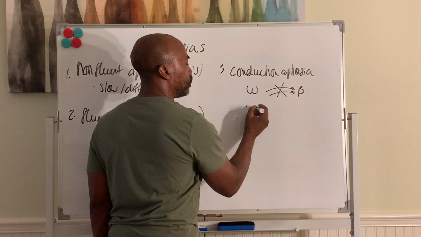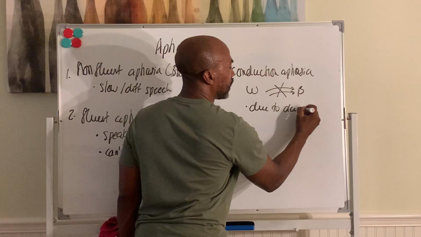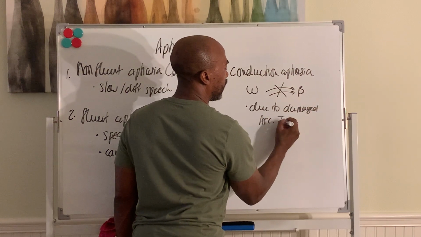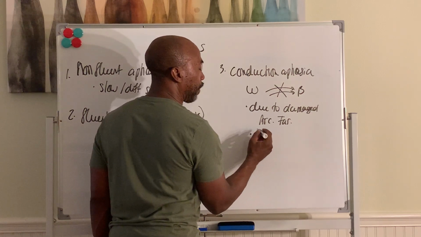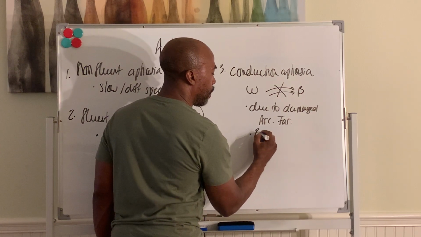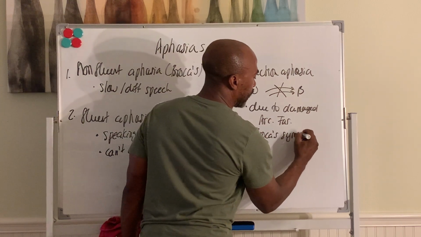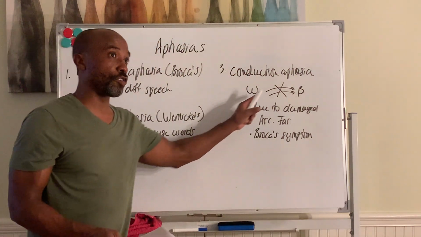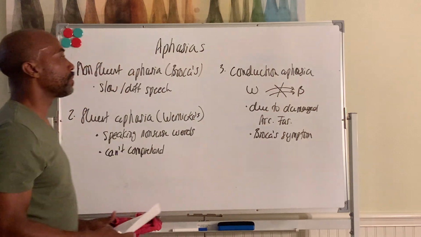And it says due to damaged arcuate fasciculus, and the symptoms are like Broca's. So it has your Broca's aphasia symptoms, where again you're stuck in your speech because the words are not coming over to you. So you're stuck, you're slow, you just struggle to get the speech out.